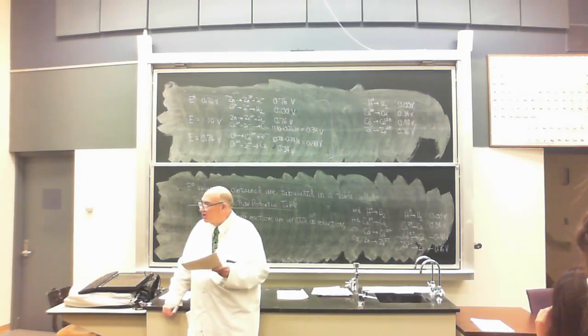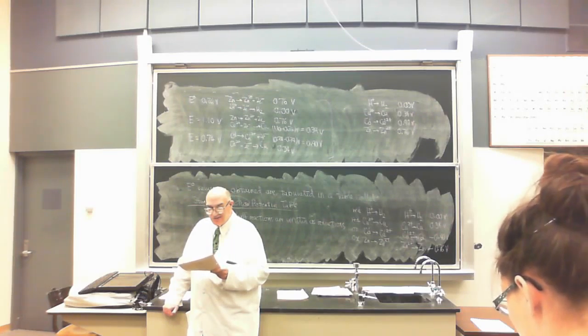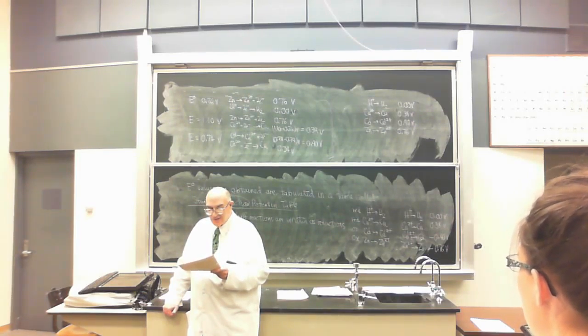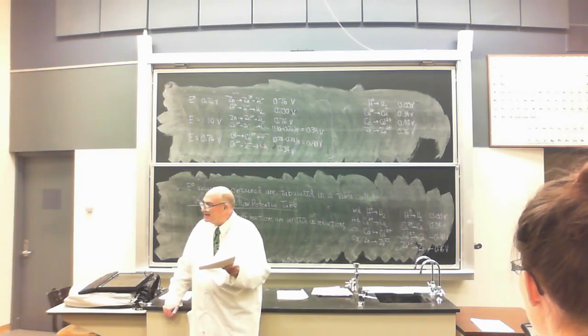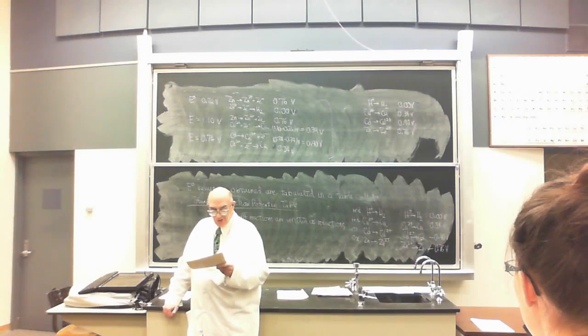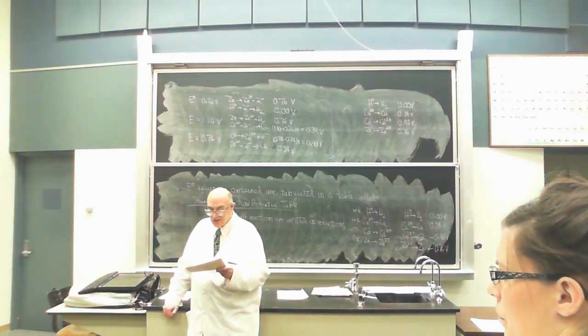It's in alphabetical order of the key symbol. Right at the top, you got all of the silver reactions, Ag. And so then if you want to find copper, you go down to the C's to find the copper half reactions.